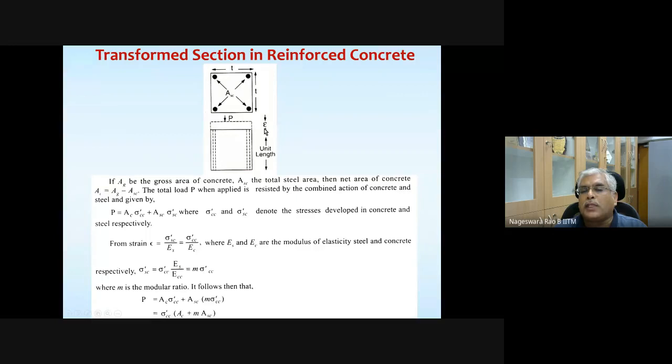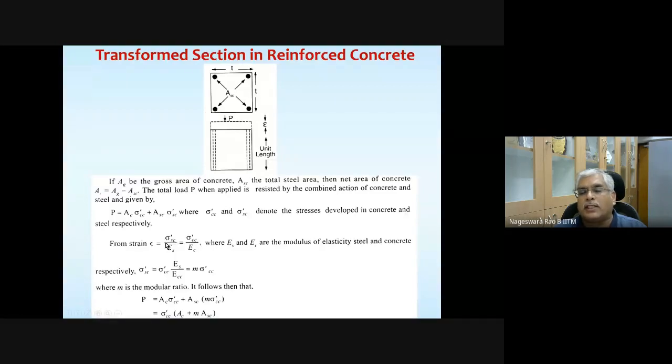And so epsilon is equal to, if stress in concrete is sigma CC prime, what is this epsilon? Epsilon is equal to sigma CC prime divided by modulus of elasticity of concrete. That is going to be your epsilon. Same way, this epsilon can also be found if you know the stress in steel, because of the load application.